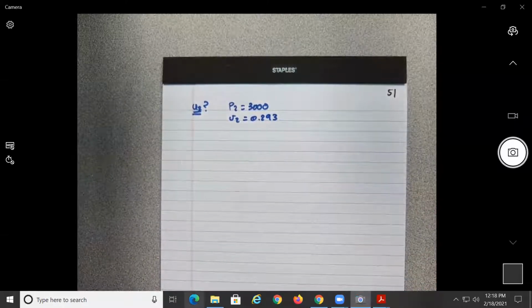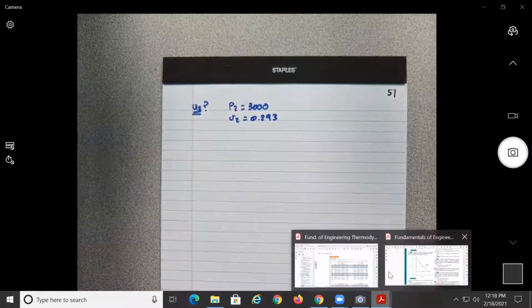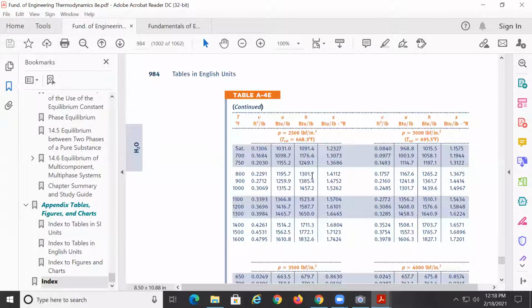So if we go to table A4E, what do we see on table A4E? V, we don't have 0.293, but we know the values at 0.2772 and 0.3086, correct?